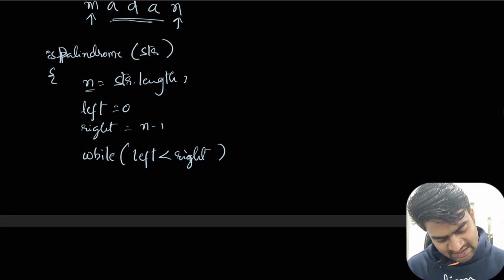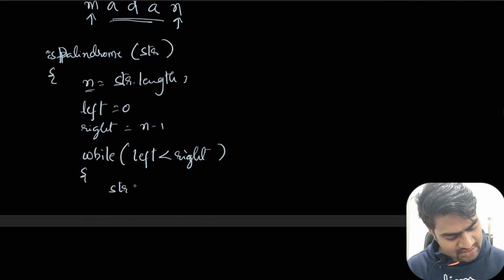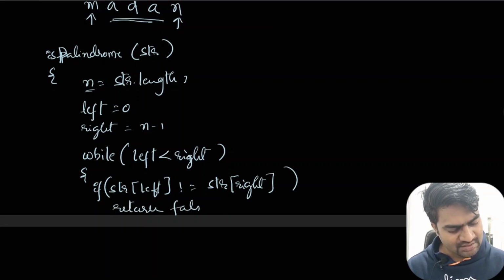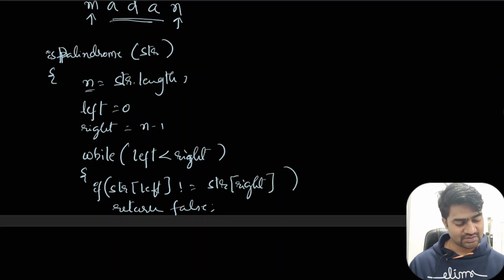Okay. So with that, I will check for the inequality. If str of left is not equal to str of right, then I will stop here and return false, because if any one character does not match, then it is not a palindrome.